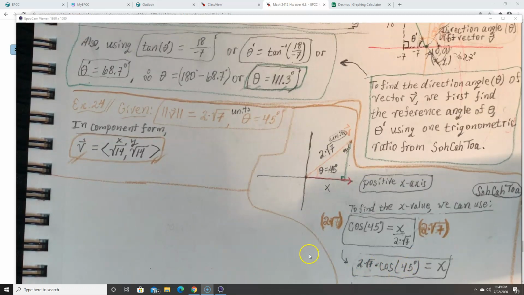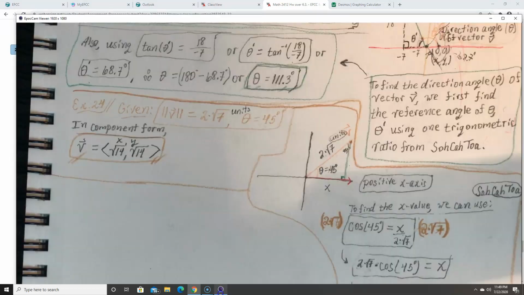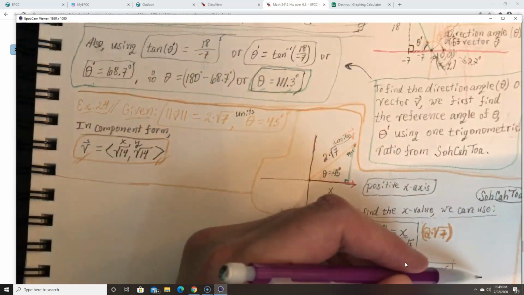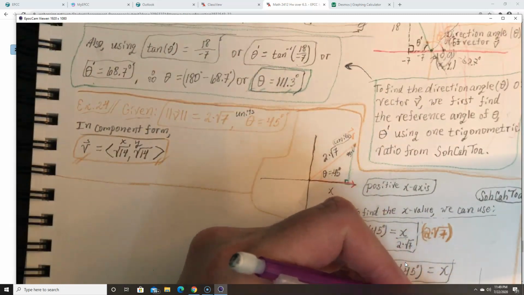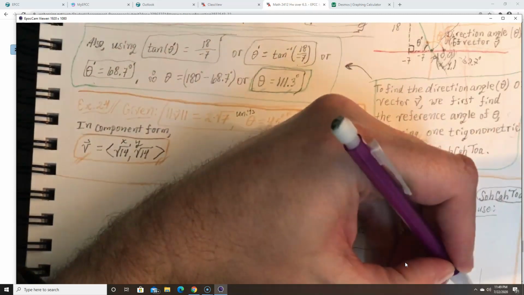Now, if they ask us to round it to the nearest whatever, then we put it in our calculator. And they don't say anything about rounding. So therefore, we have to write it in exact form. So, cosine of 45 from the famous 45 degrees, pi fourths, is a famous reference angle.